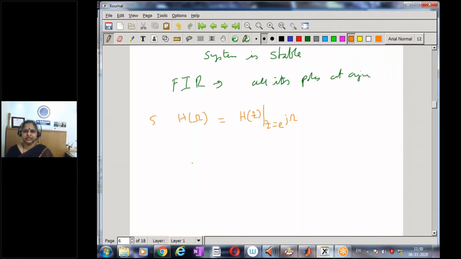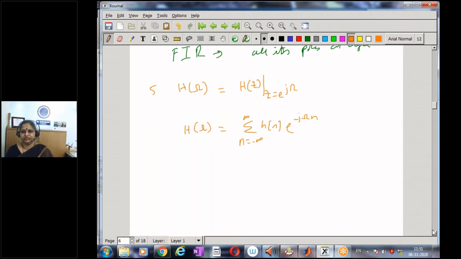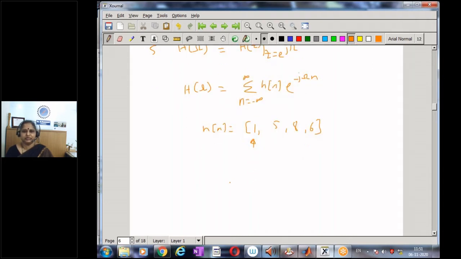And by definition, if I have the impulse response h of n, then the frequency response is given by the sum from minus infinity to infinity of h of n e to the power of minus j omega n. This is one method of computing the frequency response. Or we can also get the Z transform and replace Z by e power j omega. In this case, we have our impulse response h of n as 1, 5, 8, 6 with the origin here. So we could also try this method.